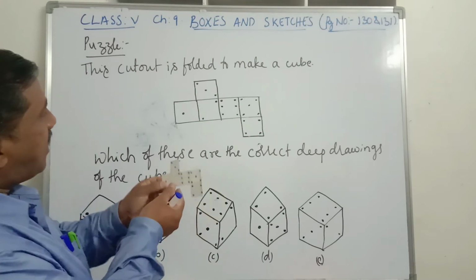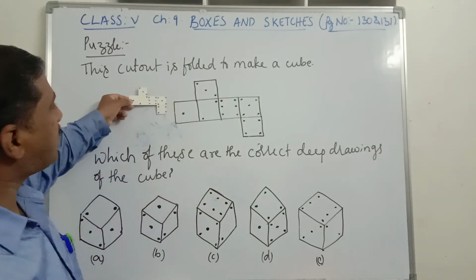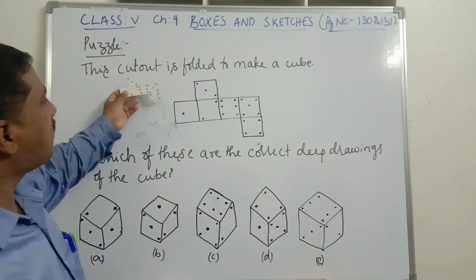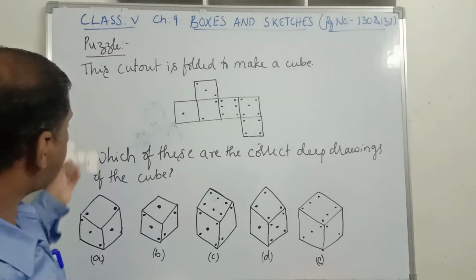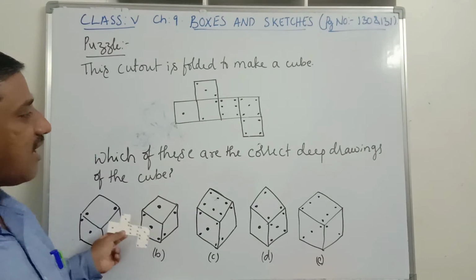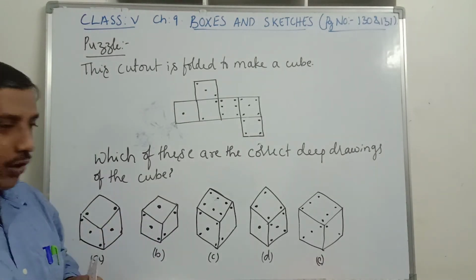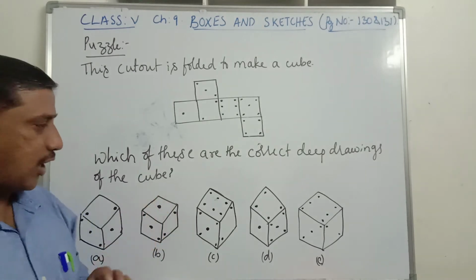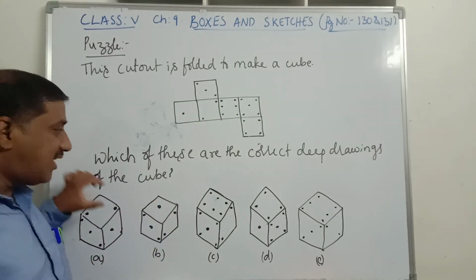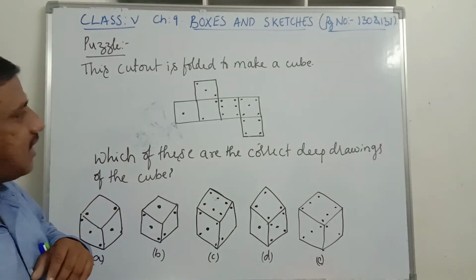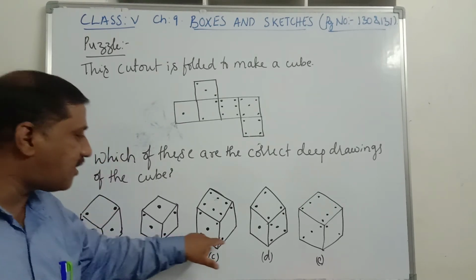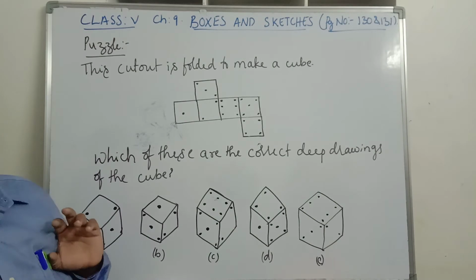I made something similar to this cutout. You see here, this is the cutout. Using this cutout, which of these are the correct deep drawings of the cube? You are given 5 deep drawings of a cube with the dots on the top surfaces. Using this cutout, which one is satisfied from these 5 drawings?